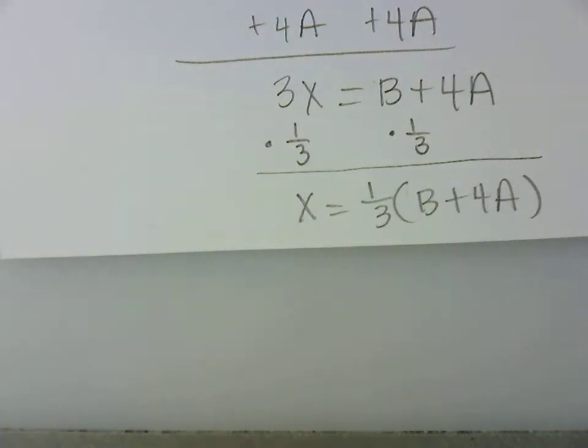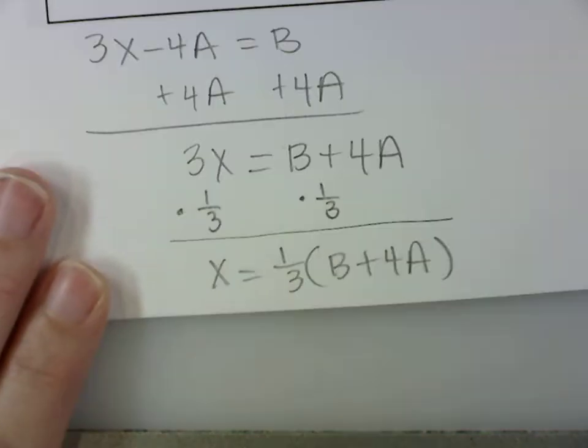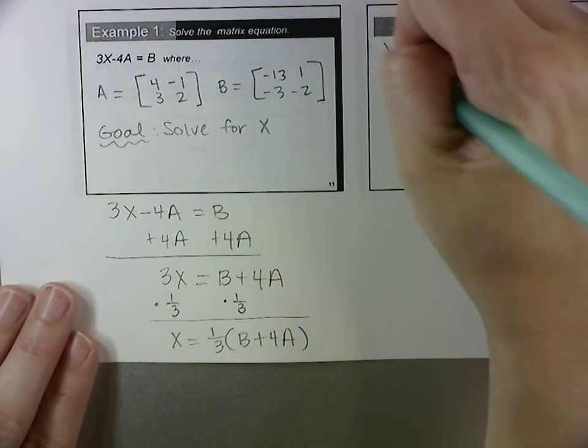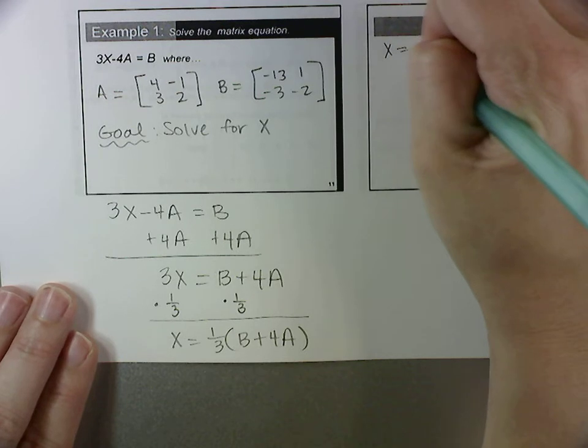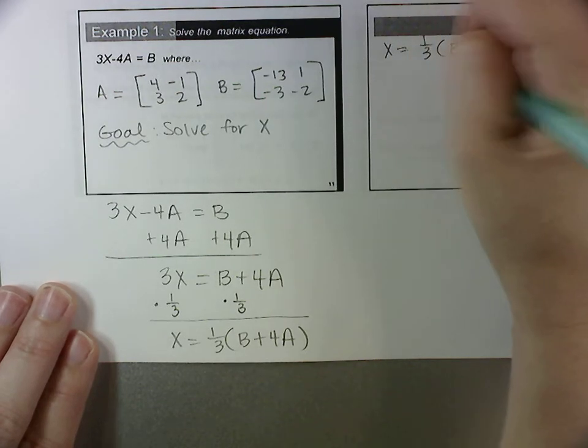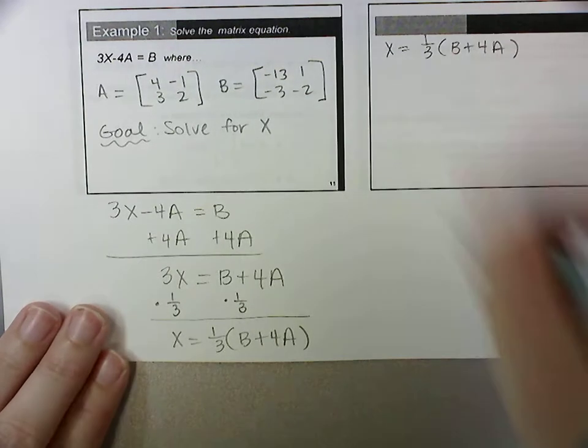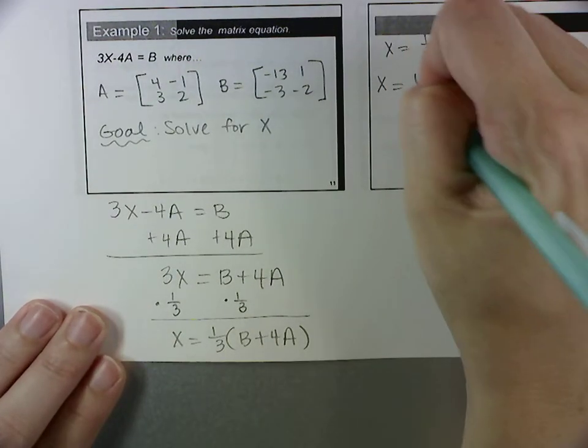Okay, what I'm going to do is I'm going to go ahead and substitute in my matrices now. So what I have is X equals 1/3 times B plus 4A. So I'm going to go ahead and substitute.